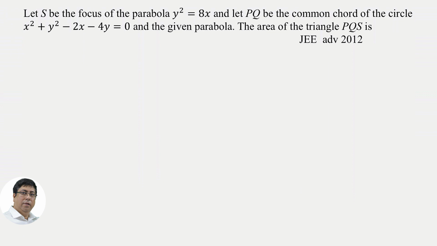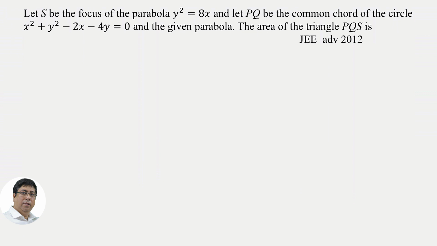So in this sum it is given that let S be the focus of the parabola y² = 8x and PQ be the common chord of the circle x² + y² - 2x - 4y = 0 and the given parabola. Then the area of the triangle PQS.